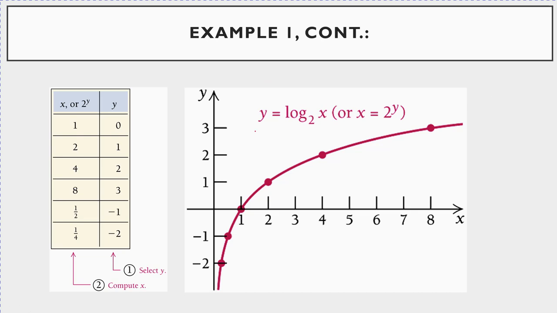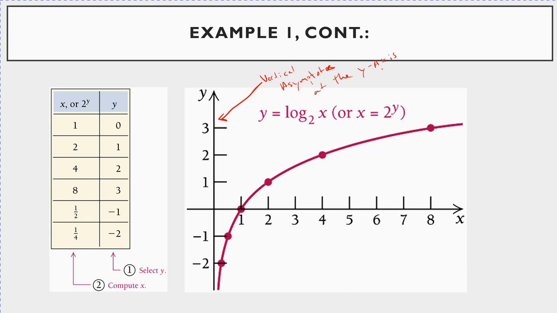You're going to notice that this graph has a vertical asymptote at the y-axis. The reason is that, if you remember, the exponential function had a horizontal asymptote at the x-axis.